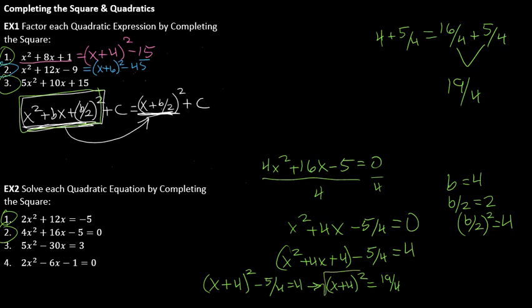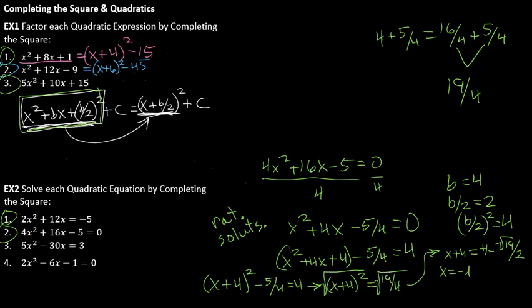Take the square root of both sides, and I'm going to have x plus 2 is equal to plus or minus the square root of 19 over 2, because the square root of 4 is 2. So that means I have irrational solutions, because I didn't have to rationalize my denominator anywhere. Subtract 2 on both sides.